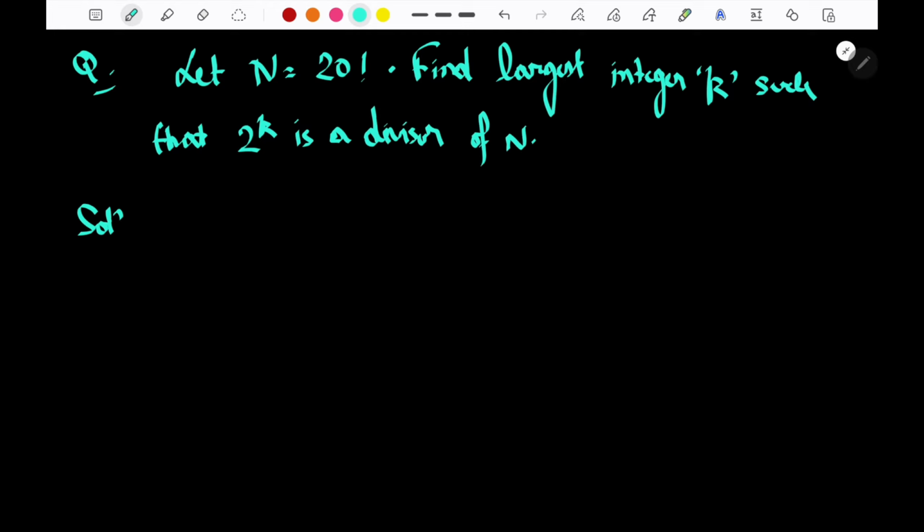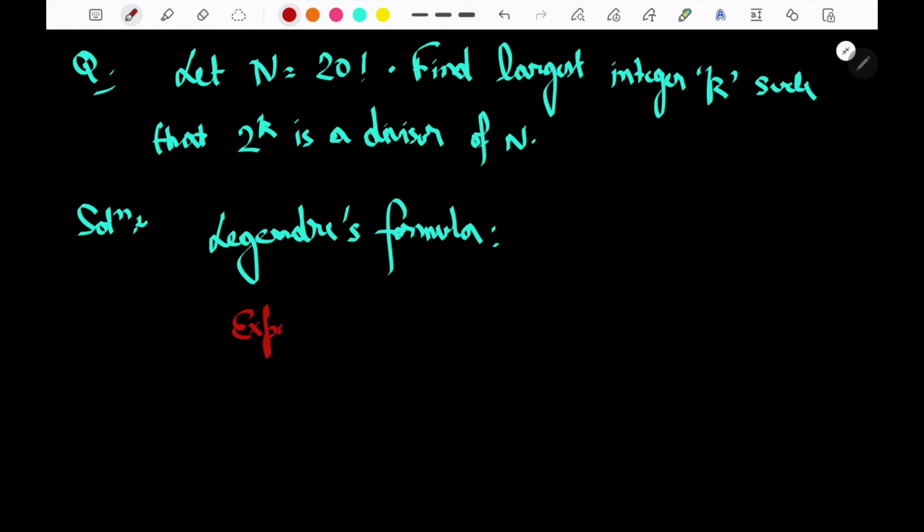It's very simple. Why? We have already studied Legendre's theorem. So if we know Legendre's formula, we can directly say Legendre's formula: how to find the exponent of prime p in the prime factorization of n factorial.